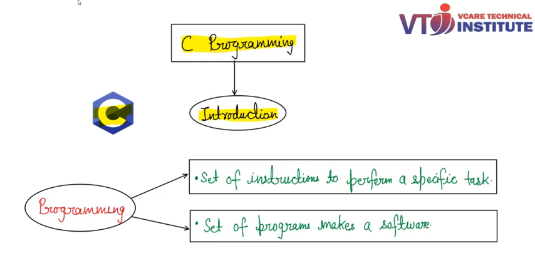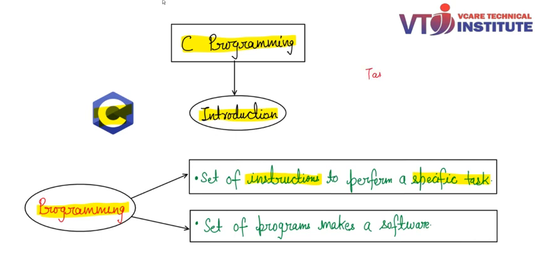But before proceeding to the C programming language, let's talk about what programming is. Programming is a set of instructions to perform a specific task, like tea making.